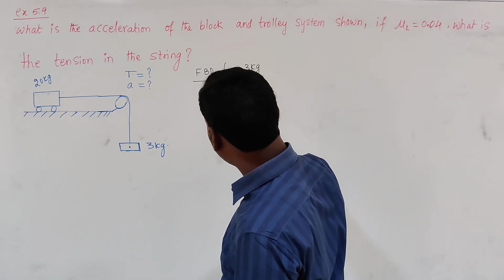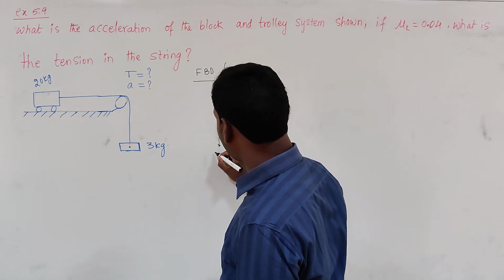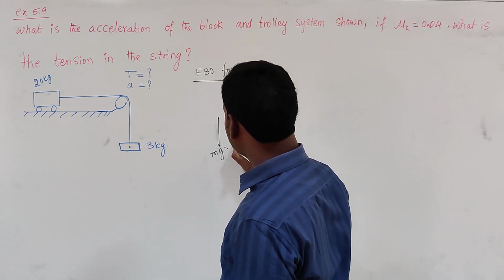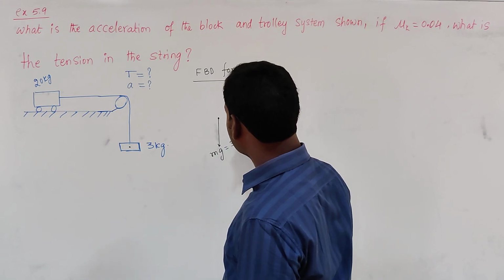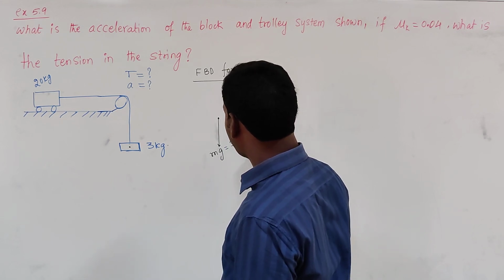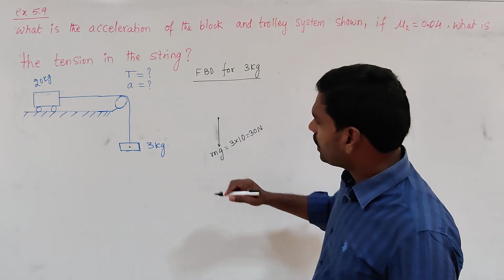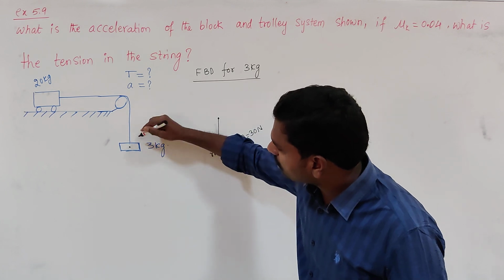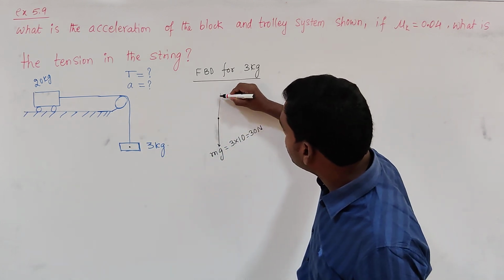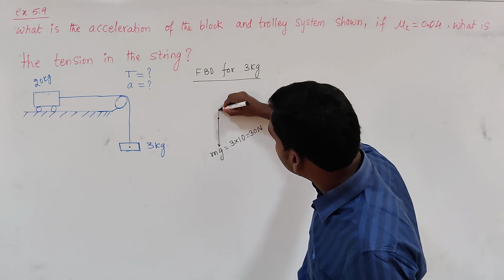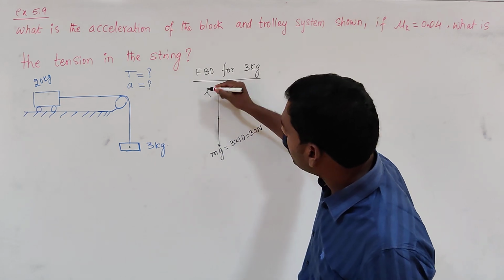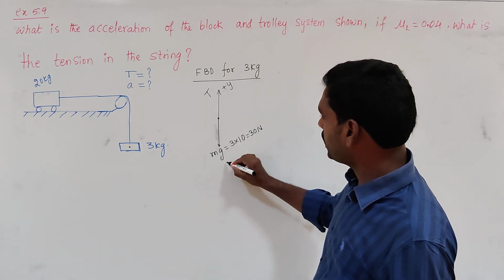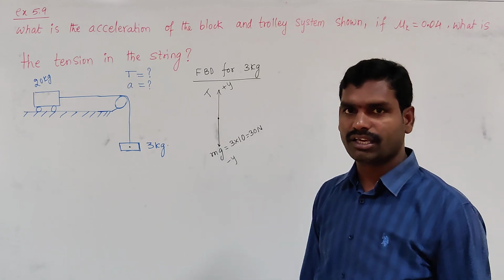One is the gravitational force acting straight downward, that is m into g, where m is 3 and g is taken as 10, equal to 30 newtons acting downwards. And the other force is the force exerted by the rope on the 3 kg, that is the tension force, pointing upwards. Now identify the coordinate axes. This is plus y and this is minus y in this case.